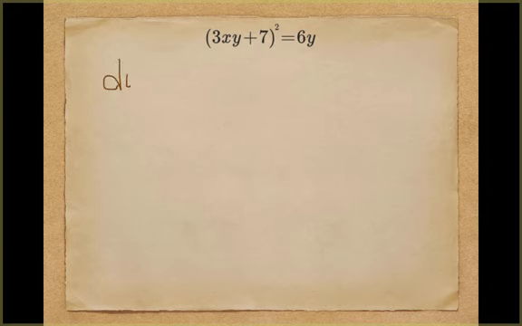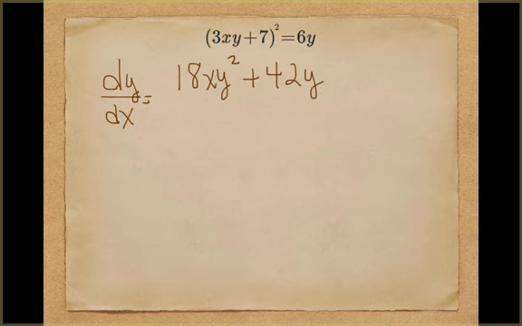So then dy/dx equals 18xy squared plus 42y all over 6 minus 18x squared y minus 42x.